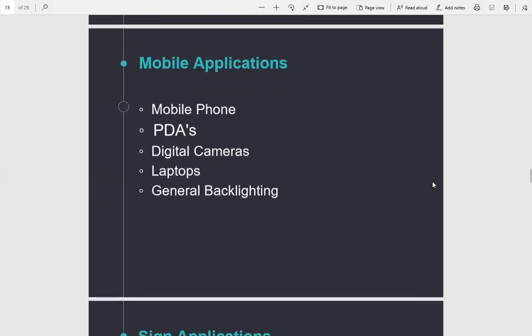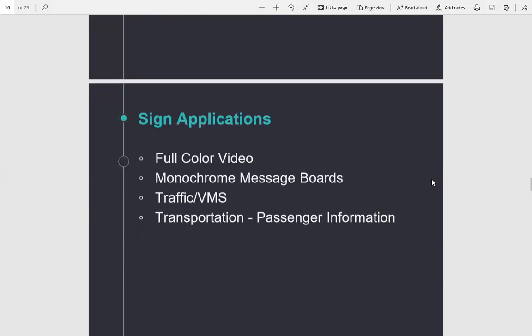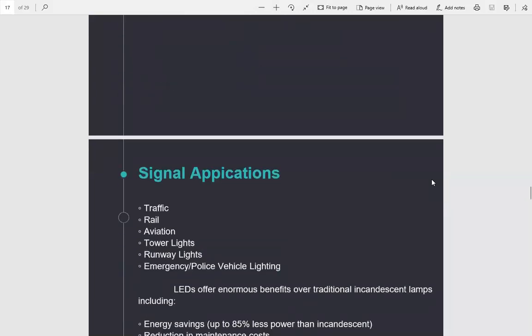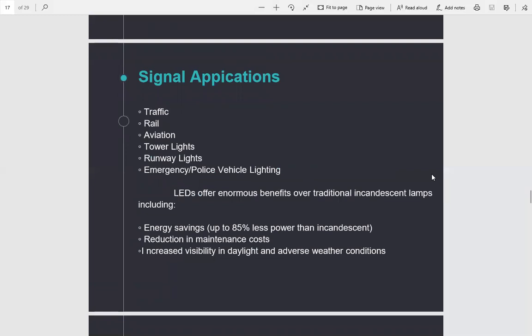In mobile applications, it is used in mobile phones, PDAs, digital cameras, laptops, general backlighting. In sign applications, full color video, monochrome message boards, traffic or VMS, transportation, passenger information. Signal applications: in traffic, rail, aviation, tower lights, runway lights, emergency or police vehicle lighting.